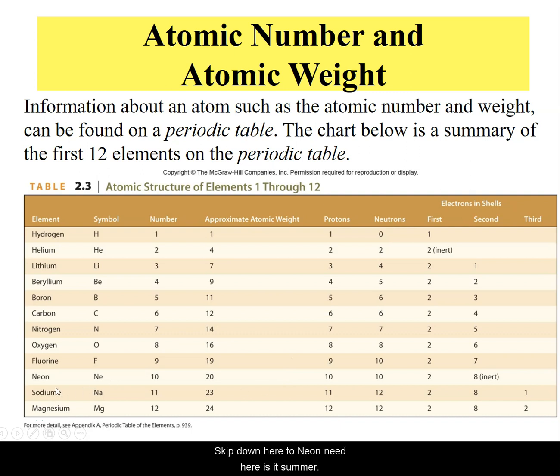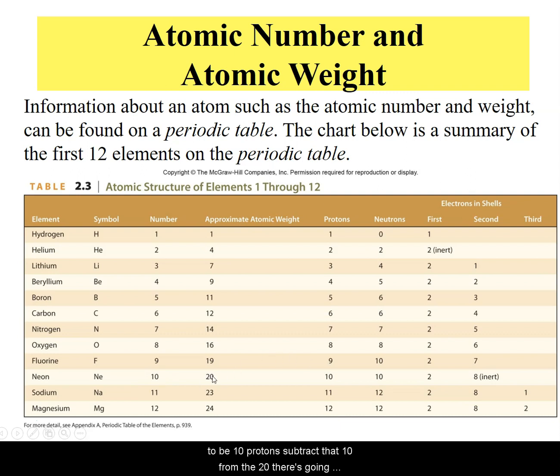Skip down here to neon. Here is its symbol. There's the element name, its symbol. Its atomic number is 10. Its atomic weight is 20. I can subtract 10 from 20, and I know there's going to be 10 neutrons. The atomic number is 10, so I know there's going to be 10 protons.